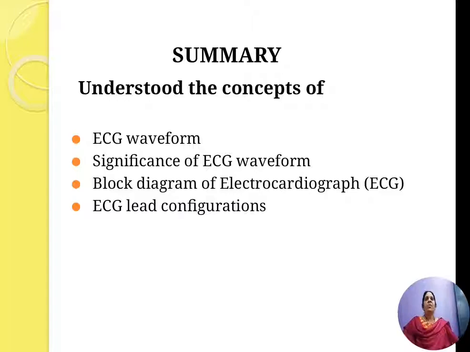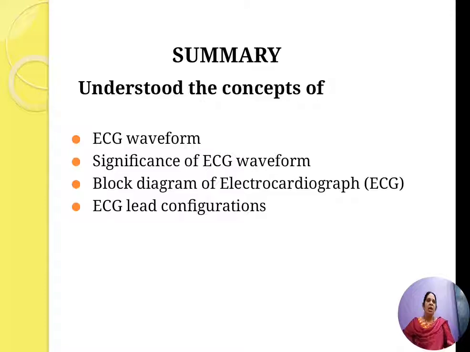The origin of the P wave is atrial depolarization or contraction. Its amplitude is 0.25 millivolts and the duration is 0.12 to 0.22 seconds. QRS complex, its origin is repolarization of the atria and depolarization of the ventricles.